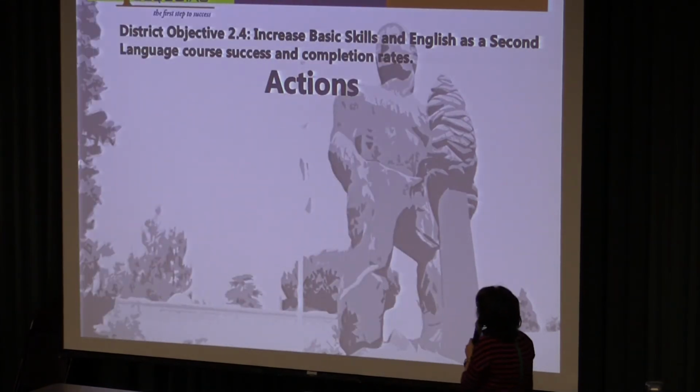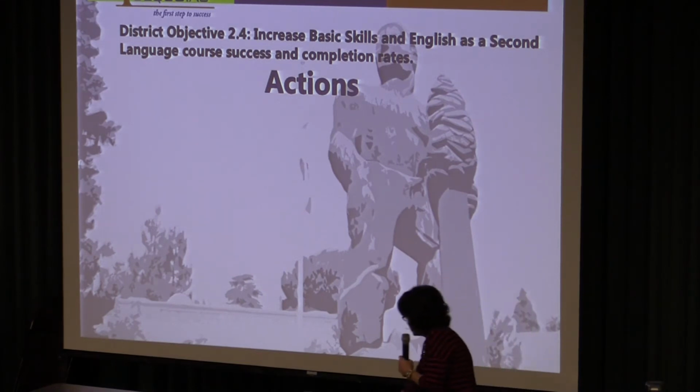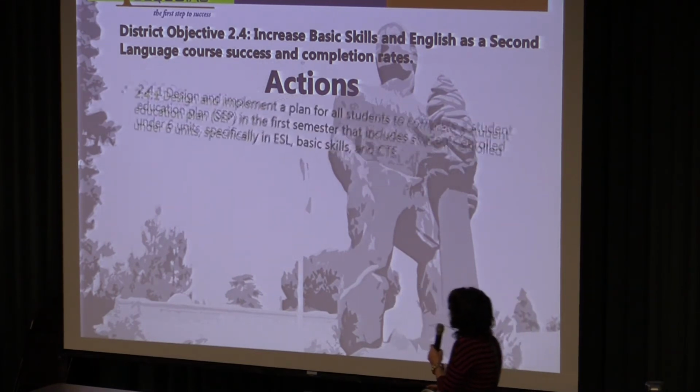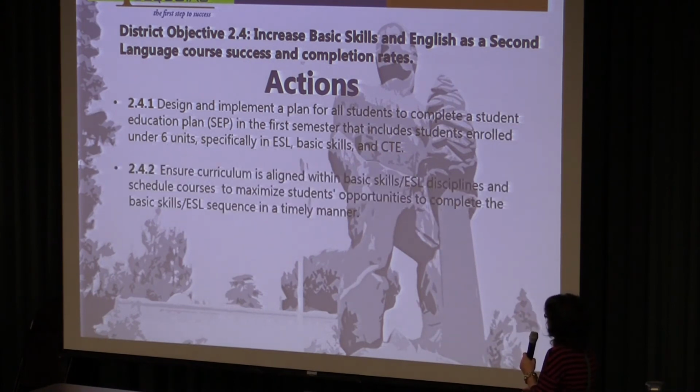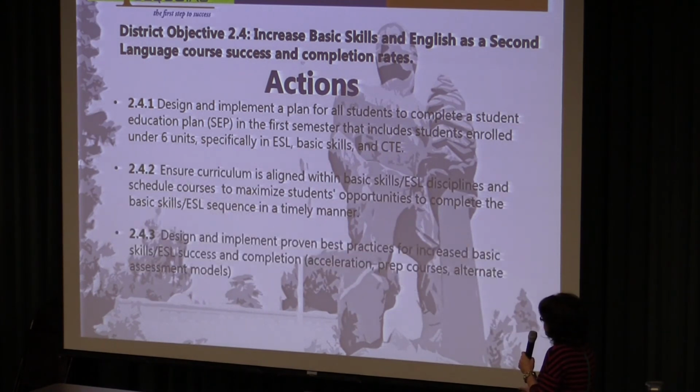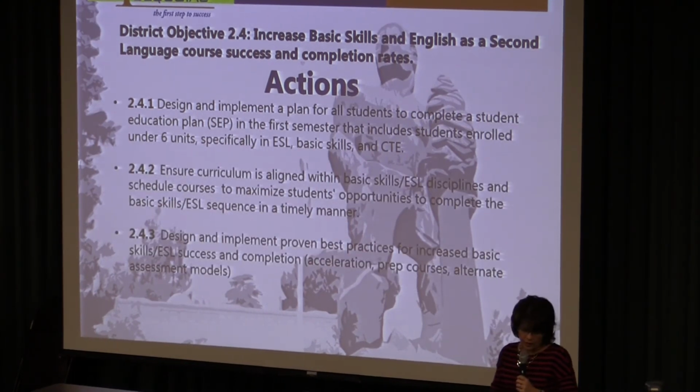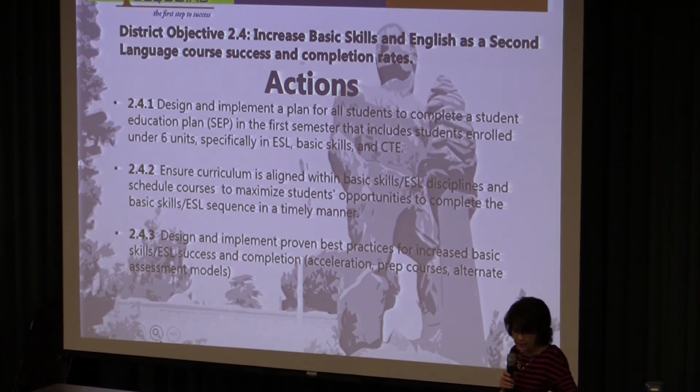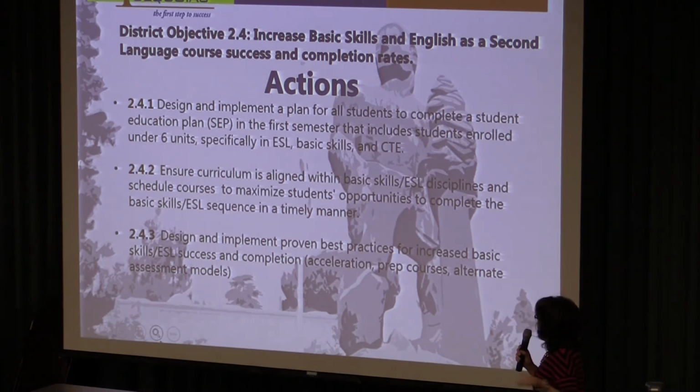Increase basic skills and English as a second language course success and completion rates. Okay, what we're going to do here is complete an SEP in the first semester, a student educational plan, and that's for all students, even those students that have under 6 units in ESL, basic skills, and CTE.